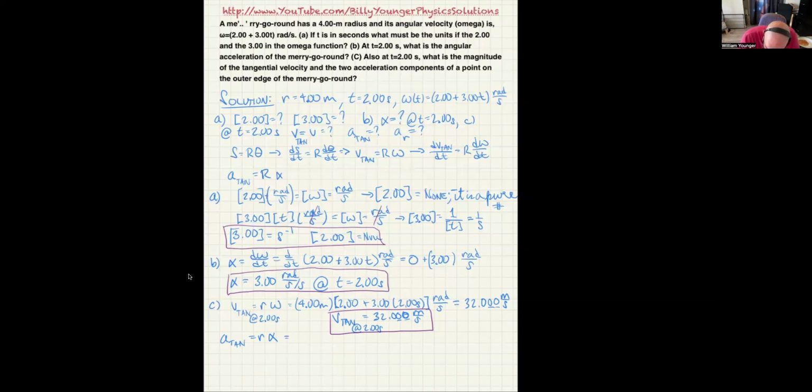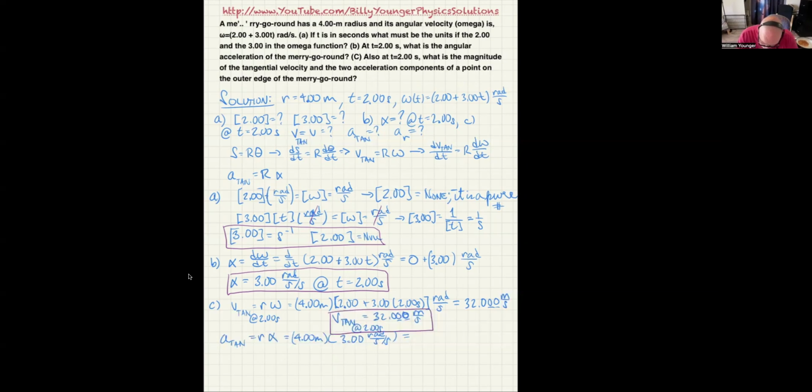So we can now put in 4.00 meters times alpha, which we found was 3.00 radians per second. And this gives me 4 times 3 is 12.